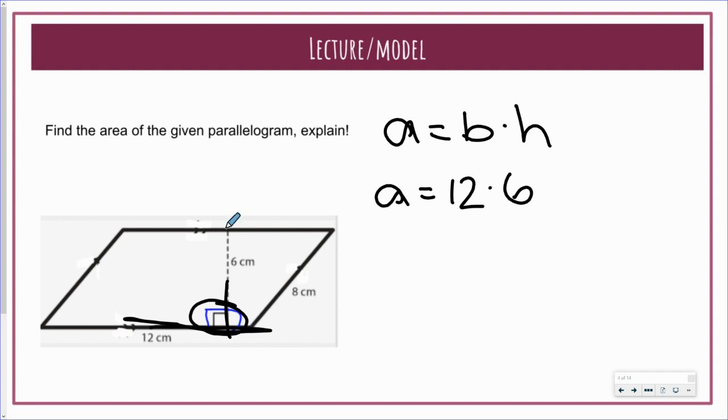Again, that bottom base is 12 and the height comes down the middle and touches it at a right angle, which is 6. The 8 is our slanty. We don't need it. It is the distractor. It gets the boot. 12 times 6 is 72 centimeters squared. Again, area is always in square units. I did not divide by 2 because it is not a triangle.